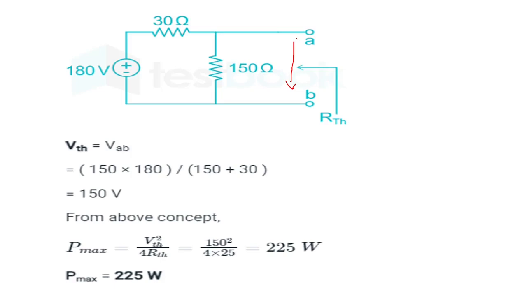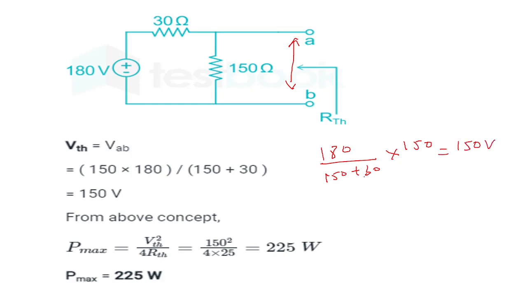That means this is our 180 volt source, so 180 volt upon 150 plus 30 resistance will give you the current. This multiplied by 150 will give you the voltage across 150, which is nothing but 150 volt.